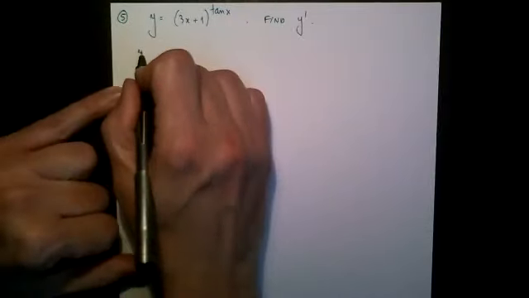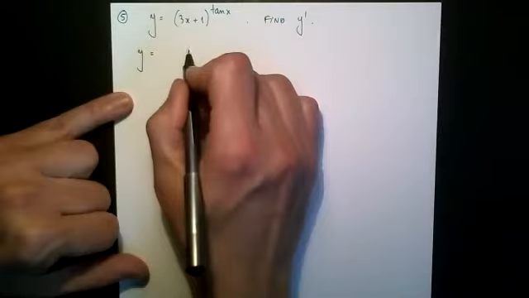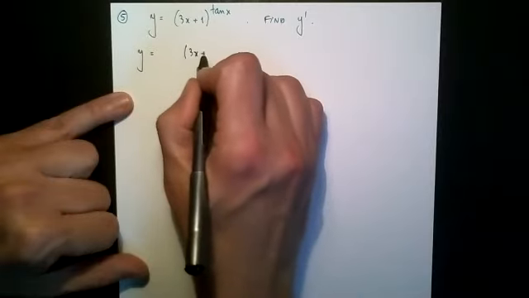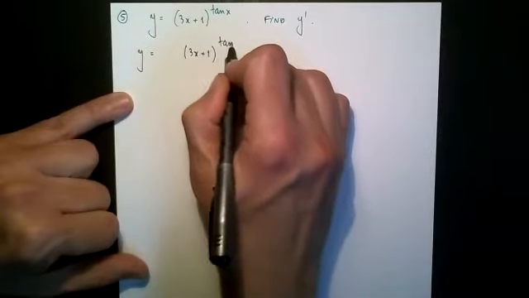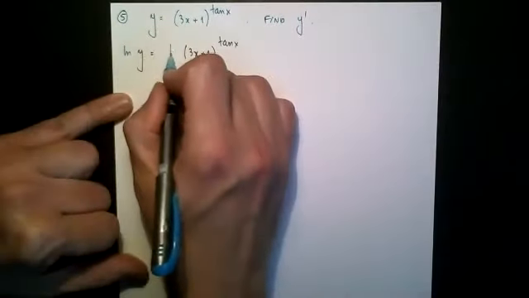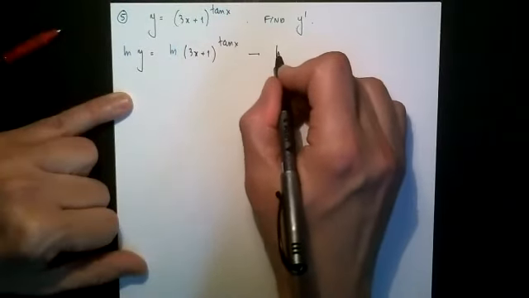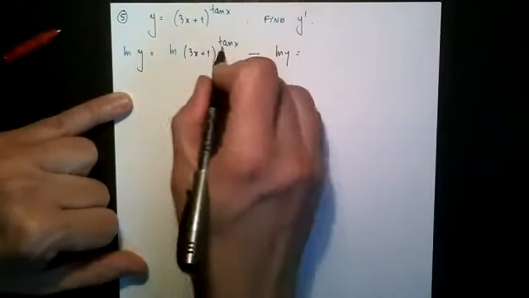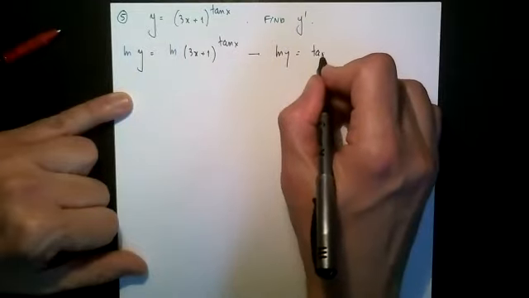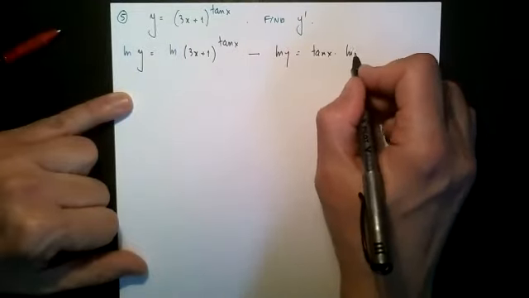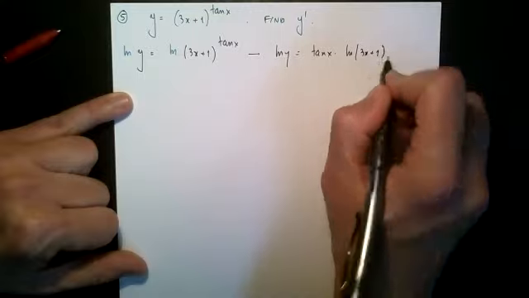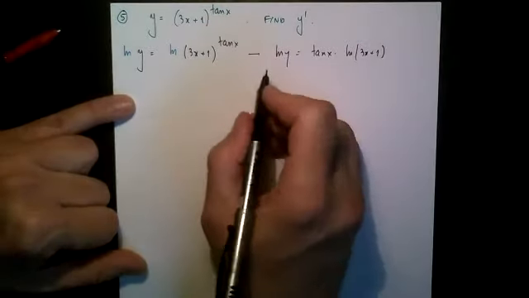So y equals 3x plus 1 to the power of the tangent of x, and I'm going to put the ln on each side. So ln of y is equal to, bring the tangent in front, tan x times ln of 3x plus 1. And then you derive each side.